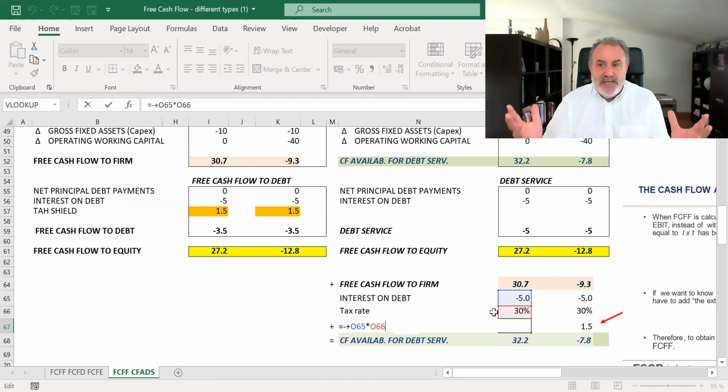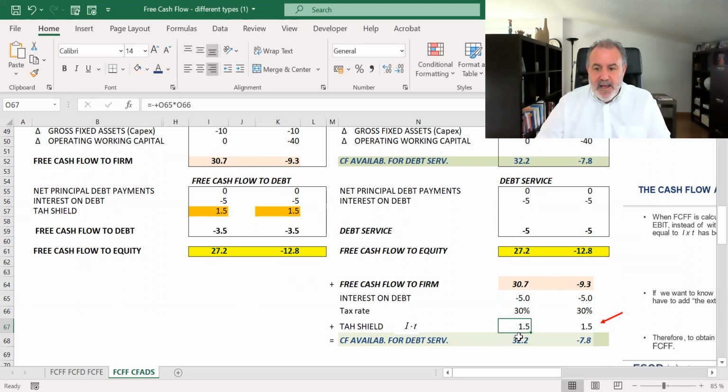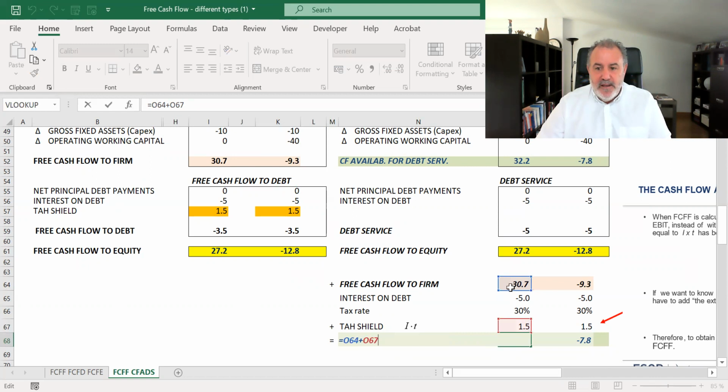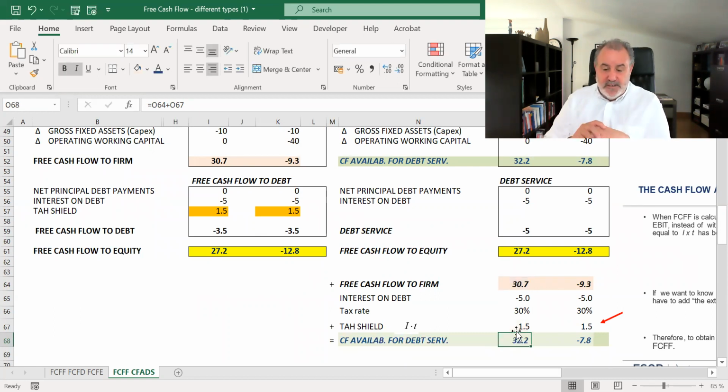That's the money you save. You avoid paying taxes on this, the tax rate times the interest. And therefore, the tax shield is 1.5, and consequently, if we take the free cash flow to the firm plus the tax shield, we simply get the cash flow available for debt service. So what we really do is to add back the excess of taxes we calculated when we were computing the taxes on EBIT instead of earnings before tax.